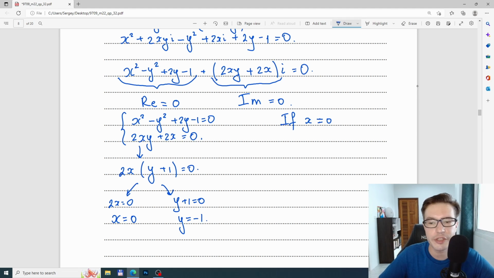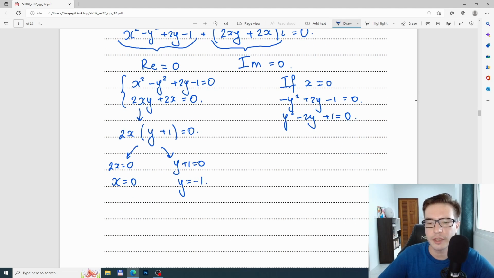So first of all, I will substitute x equals to 0. I will get minus y squared plus 2y minus 1 equals to 0. And that can be written as y minus 1 squared is 0. So that means y equals to 1.